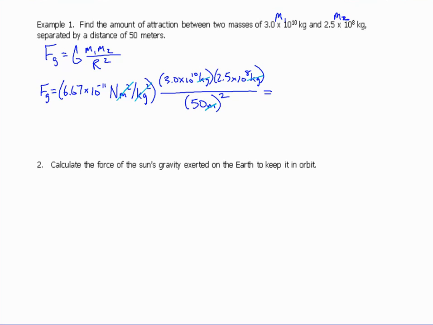Now I want you to be careful, because this squared doesn't go away. It still applies to the 50. So make sure that this stays here. And so that leaves us with units of newtons, which of course is the appropriate unit for force. Putting it into a calculator, 2.00 times 10 to the 5th newtons.